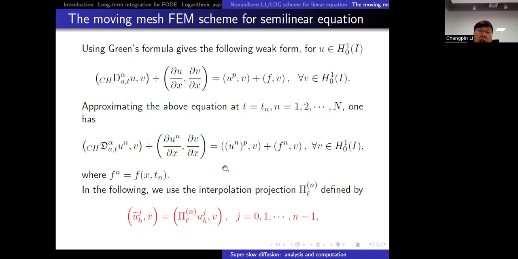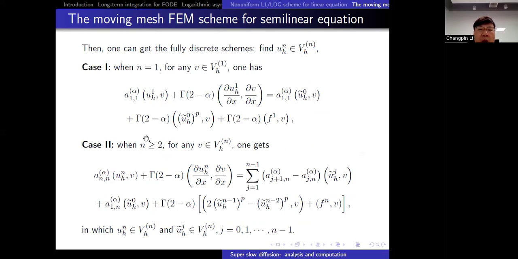In this talk and in our corresponding paper, we use the interpolation projection pi Ln like this. Okay. We can get fully discrete schemes like this in the first time layer, and in the rest of the time layers like this.